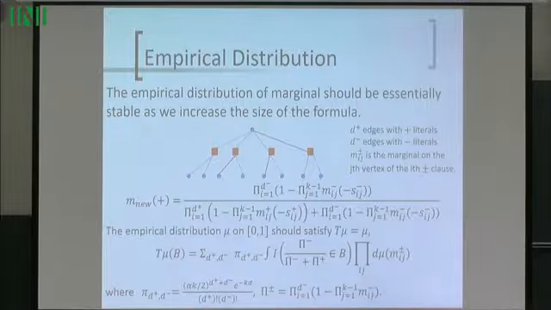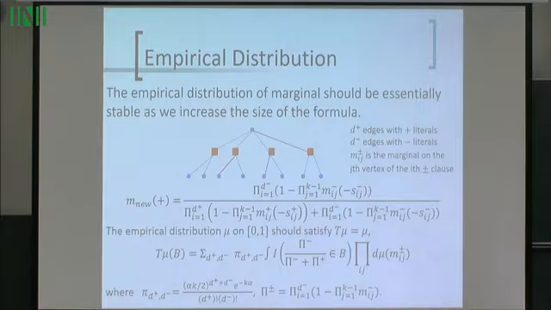Those will be approximately Poisson, and then these terms would correspond to the effect from each of the clauses. And you can show that there is a mu that satisfies this fixed point equation.